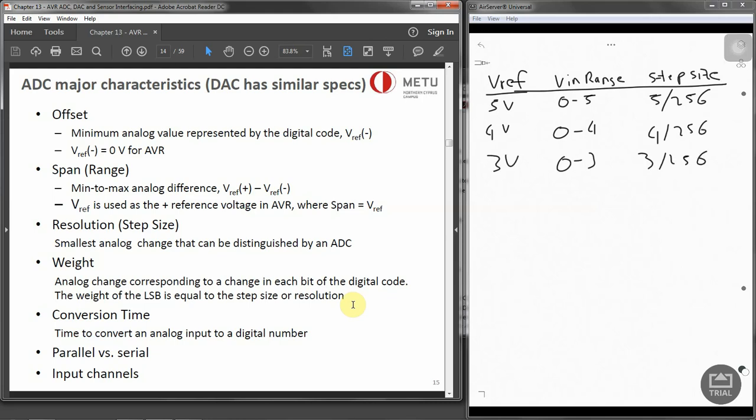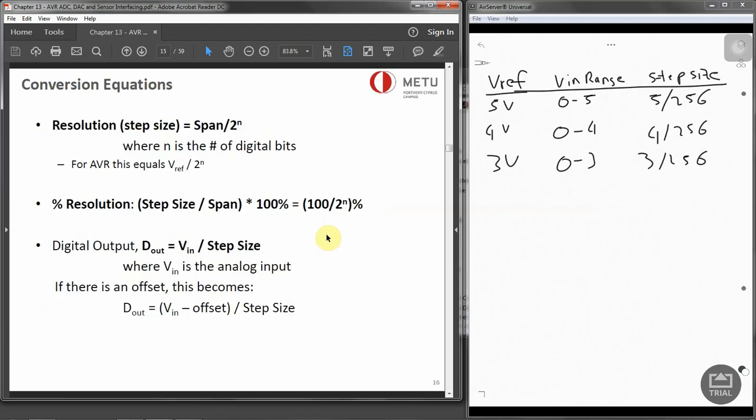The next thing that we are going to consider is the calculation side of it. The resolution or step size can be given by span over 2 to the power n, which we already said, and n is the number of digital bits. We generally use 8, but it can be 10 as well. The span is the Vref, because we don't have V minus, which is 0.